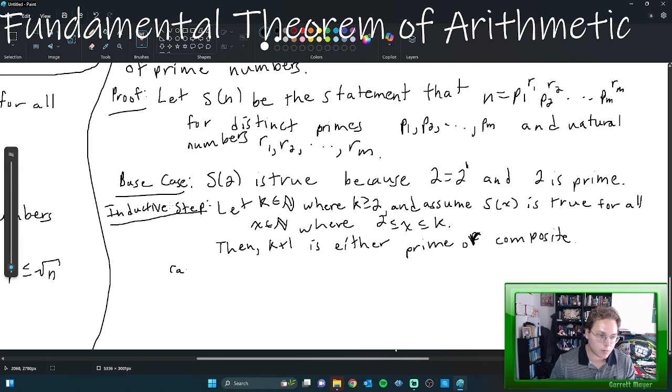So case 1, if k plus 1 is prime, k plus 1 equals p for some prime p.